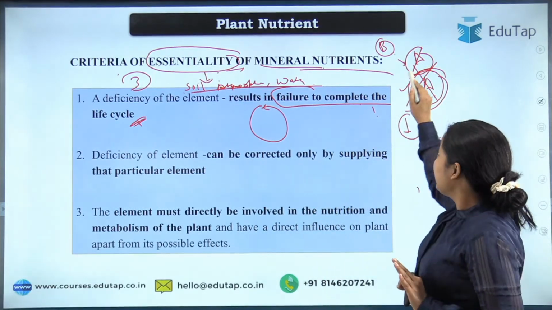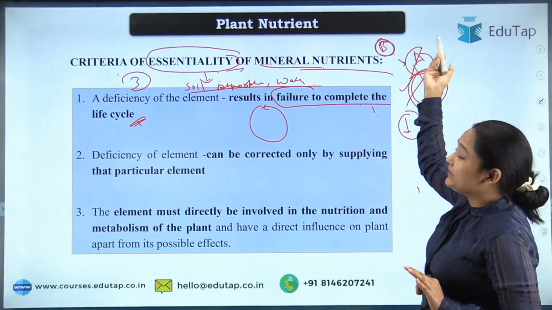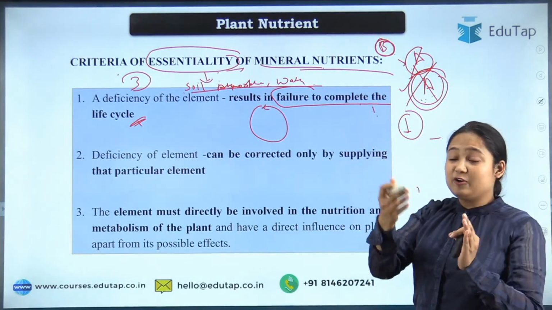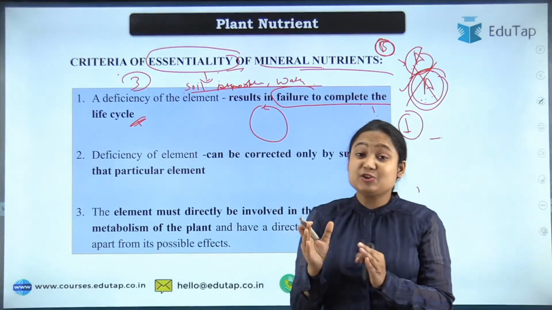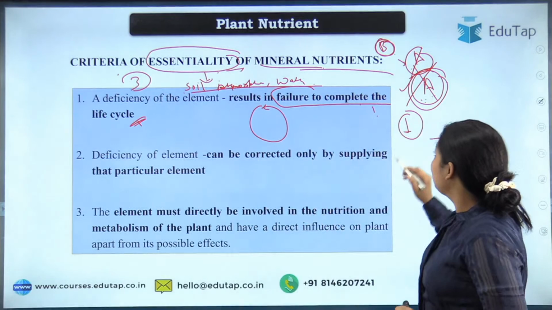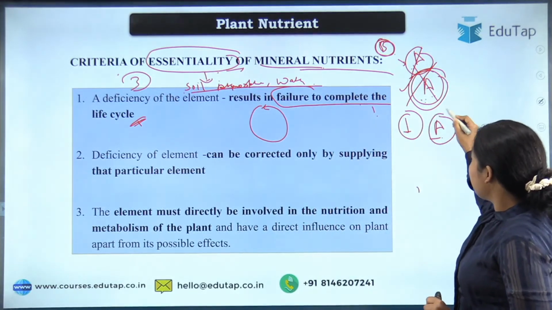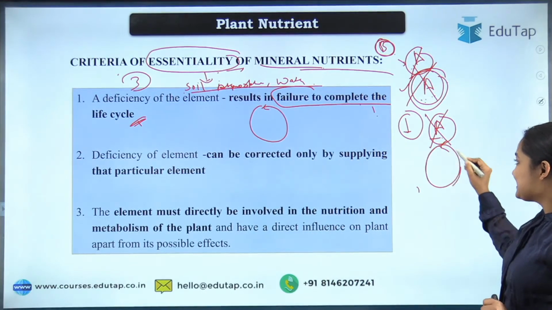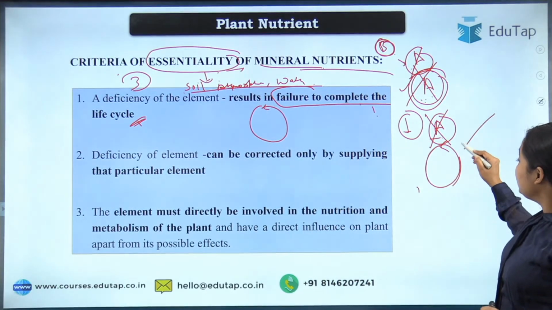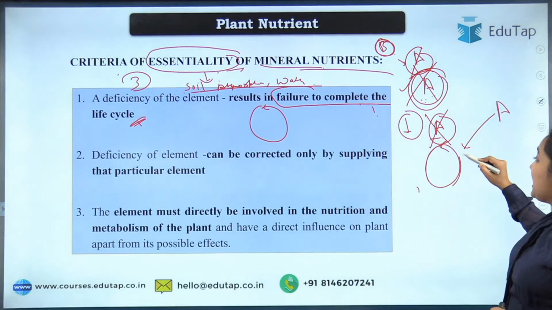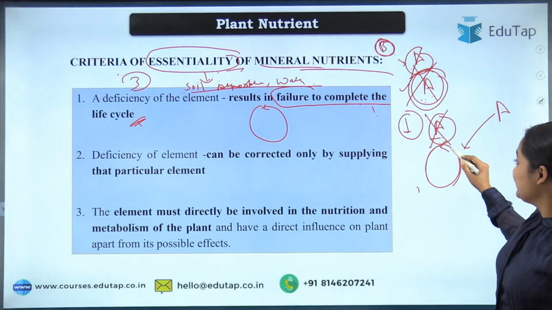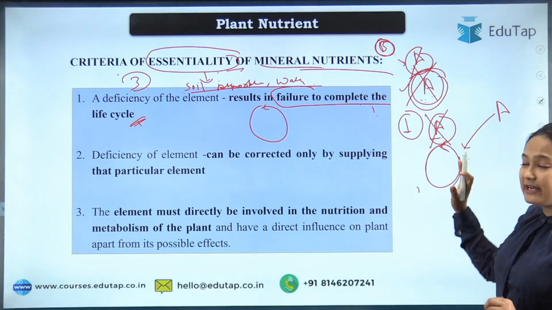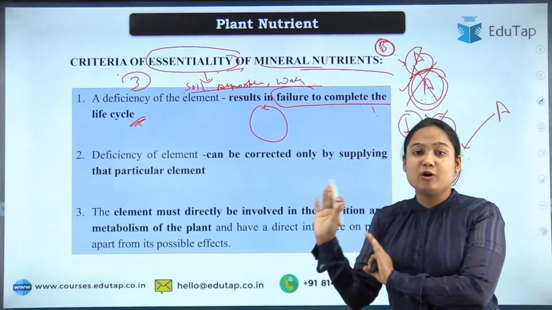That doesn't mean कि A is essential, because B is replacing it. If you can be replaced by anything, that means you are not that essential. So if A is absent in my field, the plant will not be able to complete its life cycle, and only if I add A will this plant be able to complete its life cycle, or the problem occurring due to lack of A will go away.